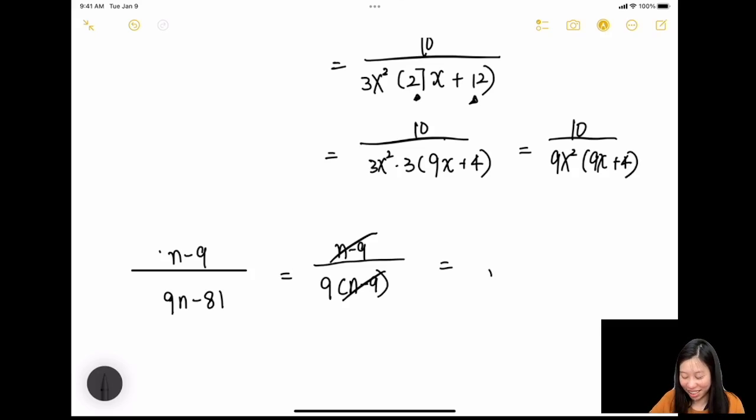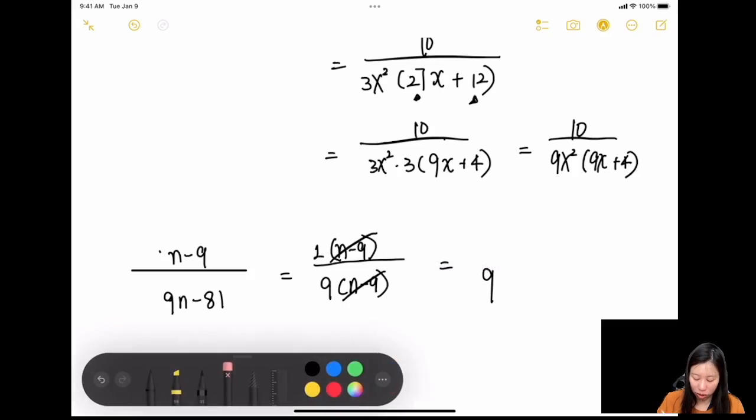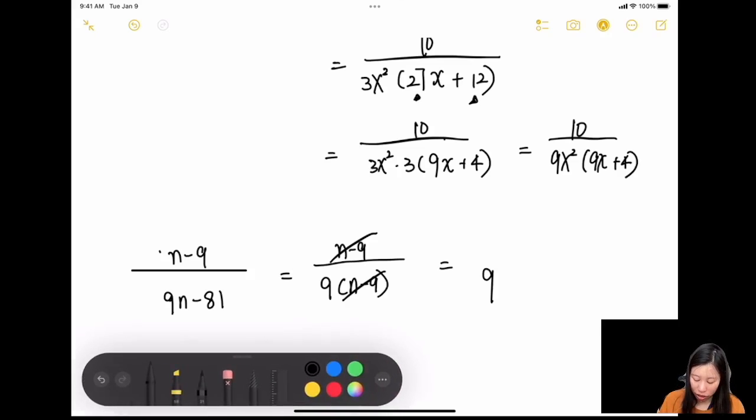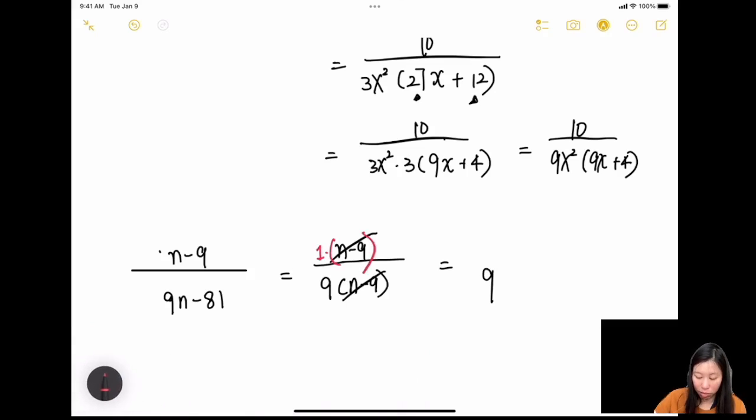What's left? 9. This is wrong, because you should think about the numerator as n minus 9 times 1. Let me use a red pen. So you should think about this as 1 times n minus 9. So what you should have left is 1/9.